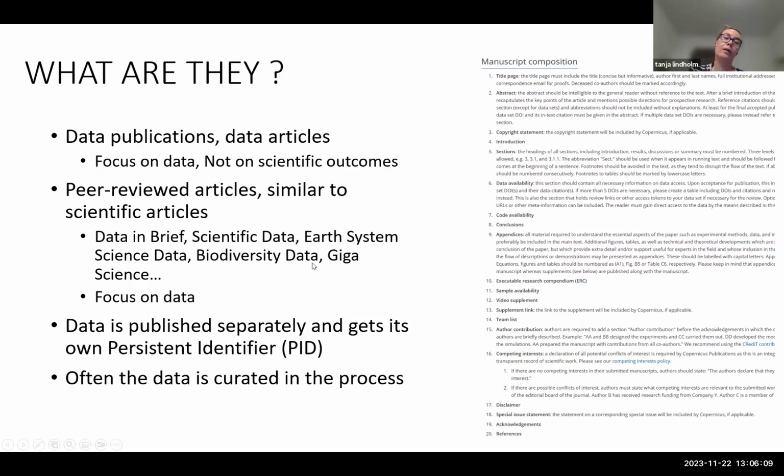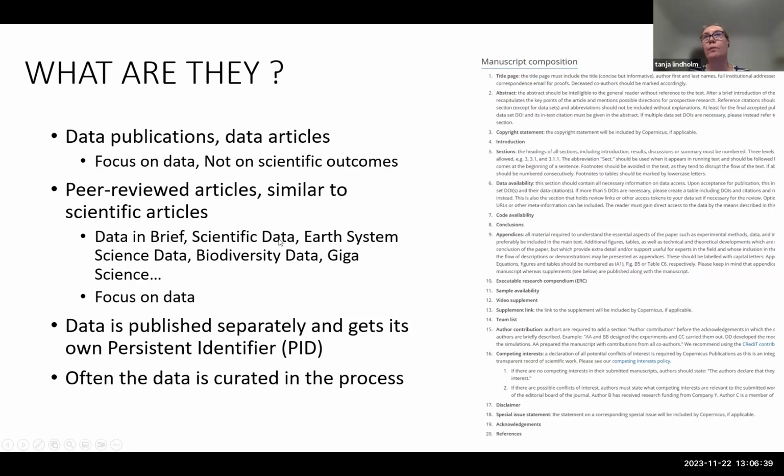There's a big diversity of journals where you can publish this kind of data paper. These that I've mentioned here, and I think Allan had pretty much similar journals in his presentation, focus solely on publishing the data paper, and at least some of these curate the data in the process.